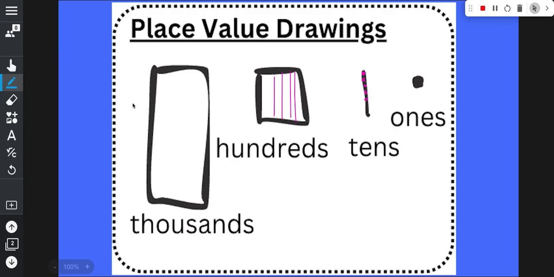So I can get to each of my values by taking 10 times them, because ones are 10 times smaller than tens. Tens are 10 times smaller than hundreds. So that's where these shapes come from and why they make sense.